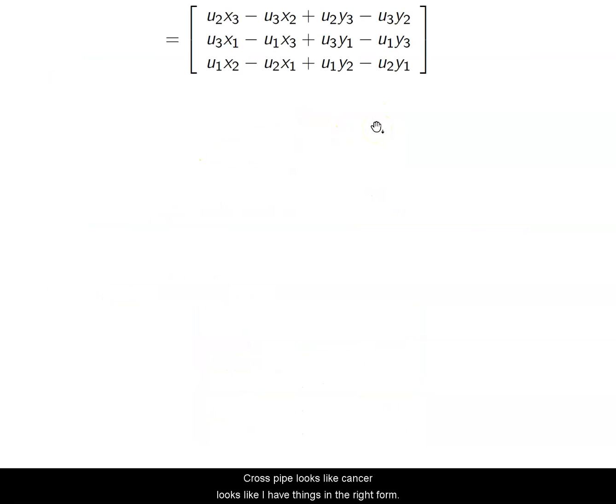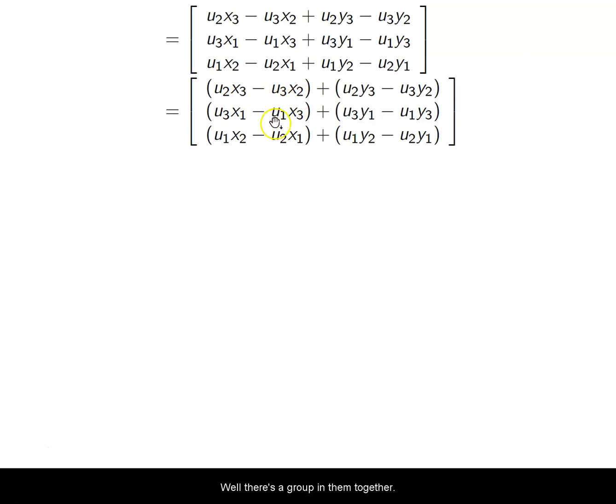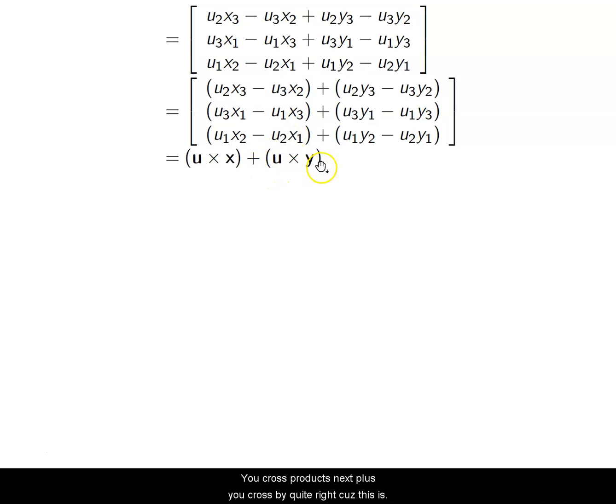Okay, so it looks like I have things in the right form, but the problem is, well, there is no problem, right? So I'm just grouping them together so that now I can say that I have u cross product x plus u cross product y, right? Because this is u cross product x plus, and then this is the u cross product y terms, okay?